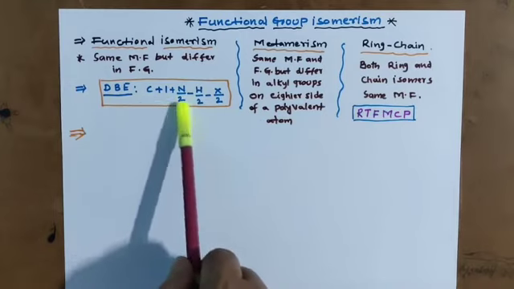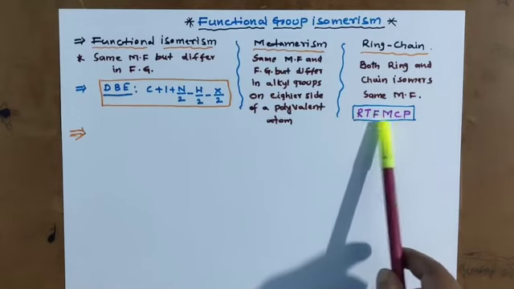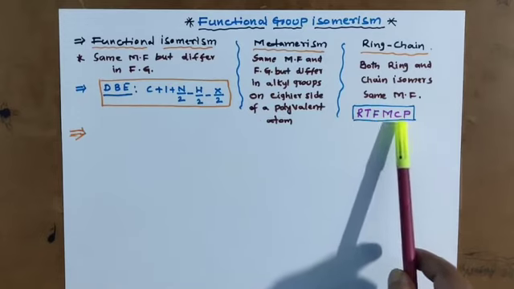If any compound exhibits different types of isomers, the priority order is: first ring chain isomers, next tautomers, next functional, next metamers, next chain isomers, and last, the least priority, position isomers. So this order also you have to remember.